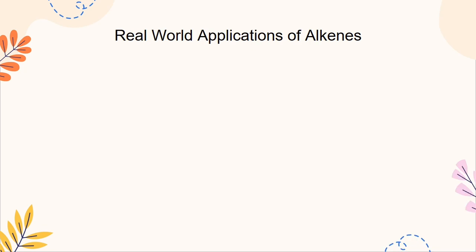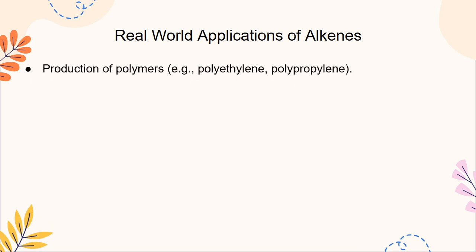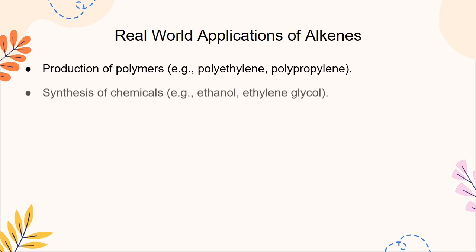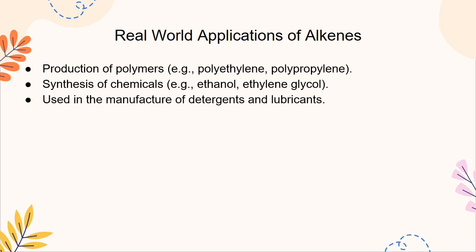So, real world applications of alkenes. They are used in the production of polymers like polyethylene and polypropylene. They are also used in synthesis of chemicals such as ethanol, ethylene, and glycol. They are used in the manufacture of detergents and lubricants.